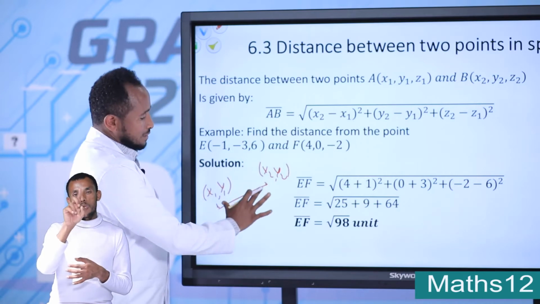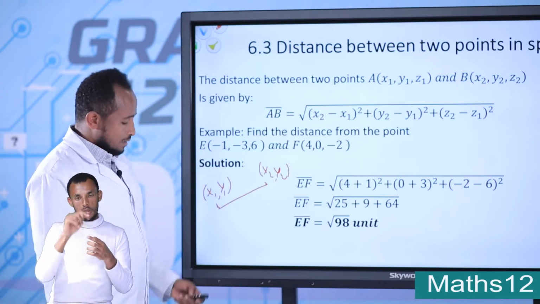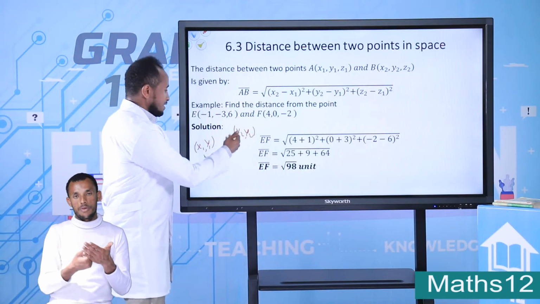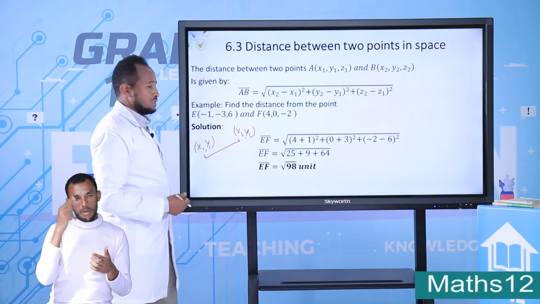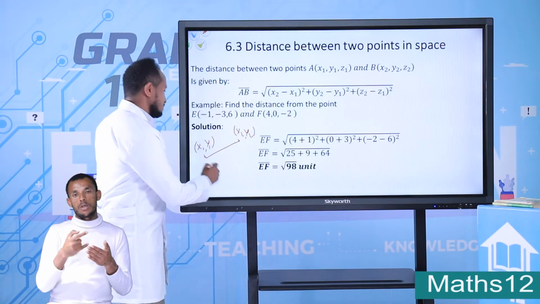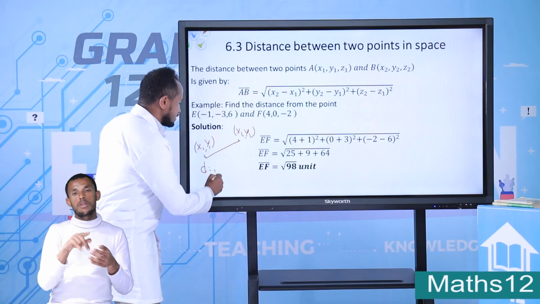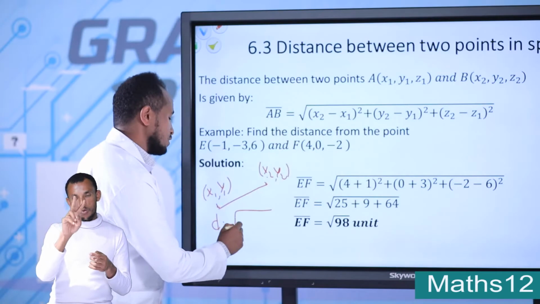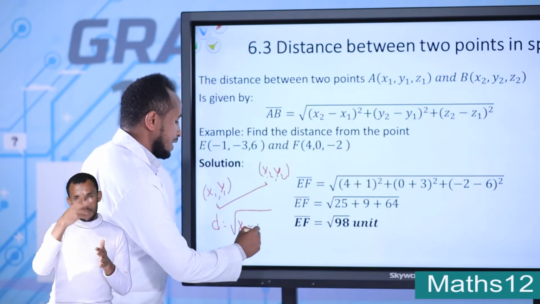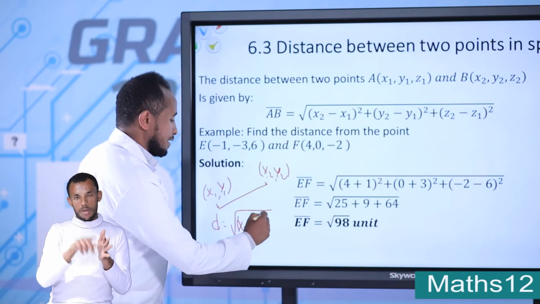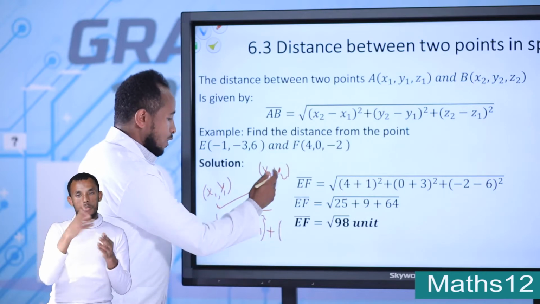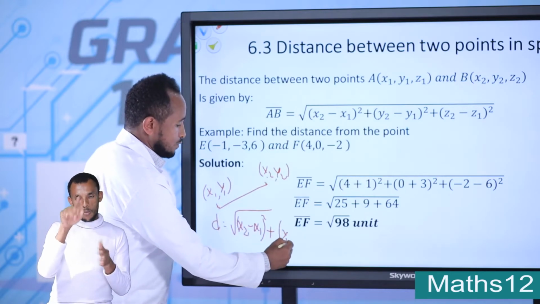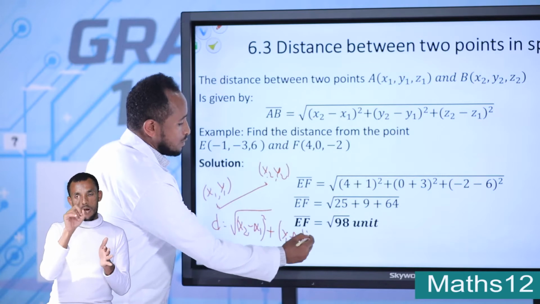I think you know how this is derived using the Pythagorean theorem. So the distance will be the square root of (x2 minus x1) squared plus (y2 minus y1) squared.